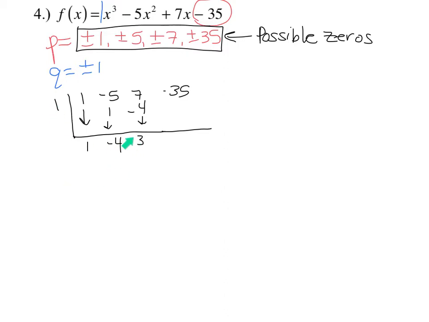We're going to multiply, put it underneath, and so I know right away I'm not going to do it. So I have to try something else. So I'll try -1.